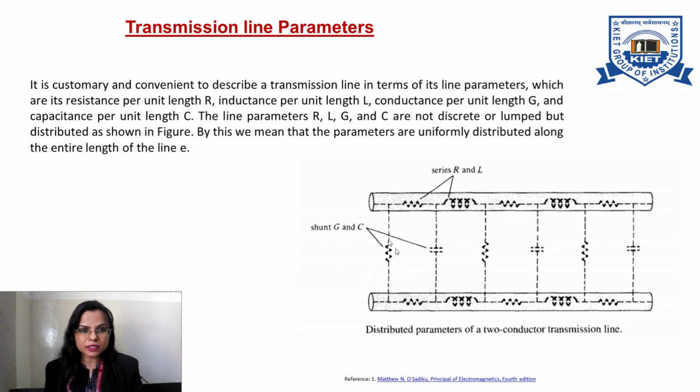By this we mean that the parameters are uniformly distributed along the entire length of the line. So, you can see here the series R and L circuits and these are the shunt G and C.